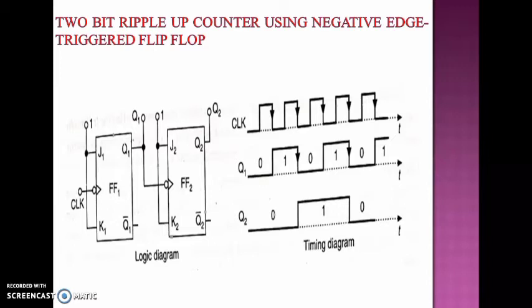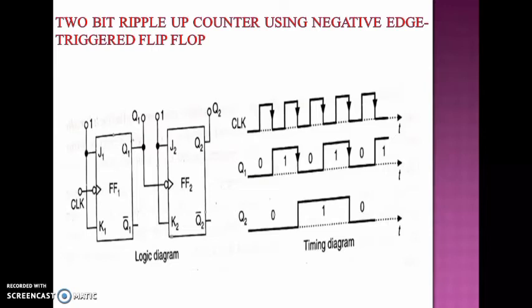Flip-flop 2 is activated and hence Q2 goes from low to high. Therefore, Q1 equal to 0 and Q2 equal to 1. That means 1, 0 is the state of the counter after the second clock pulse.